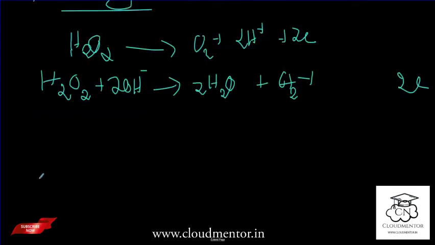So I will show one example. For example, silver oxide, Ag2O, gets reduced by hydrogen peroxide by the reaction Ag2O plus H2O2 giving 2Ag, metallic silver, with the formation of water and oxygen.